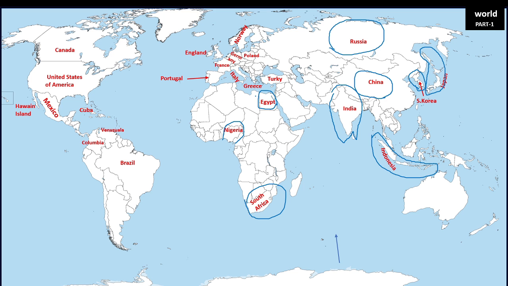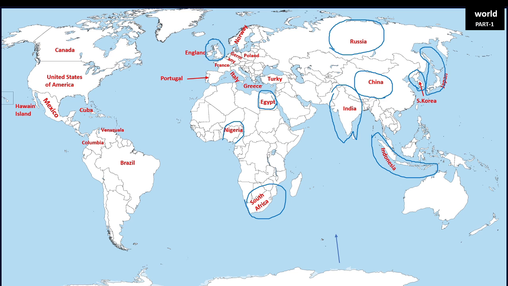Next, we mark a most important country, England. It is also called the United Kingdom. Here 4 states are combined together: Ireland, Scotland, Wales, and England are together called UK or United Kingdom. It is also known as England or Britain.